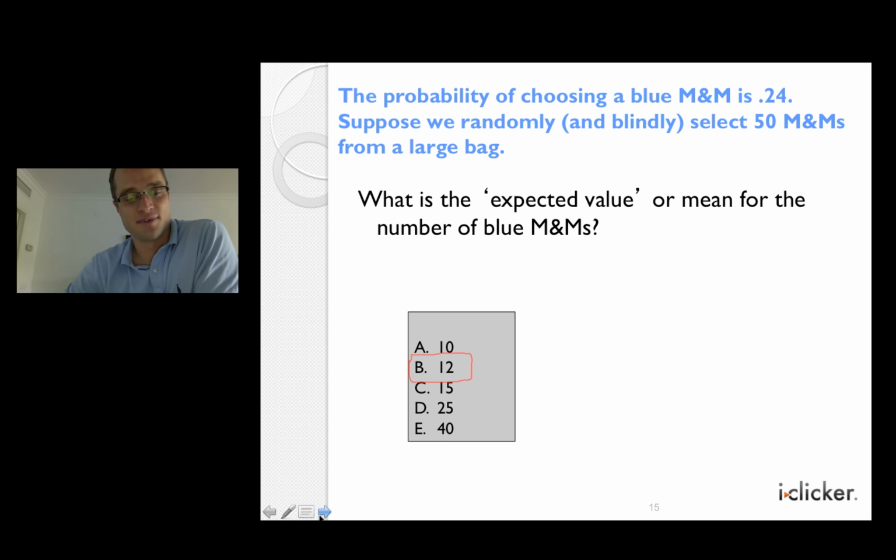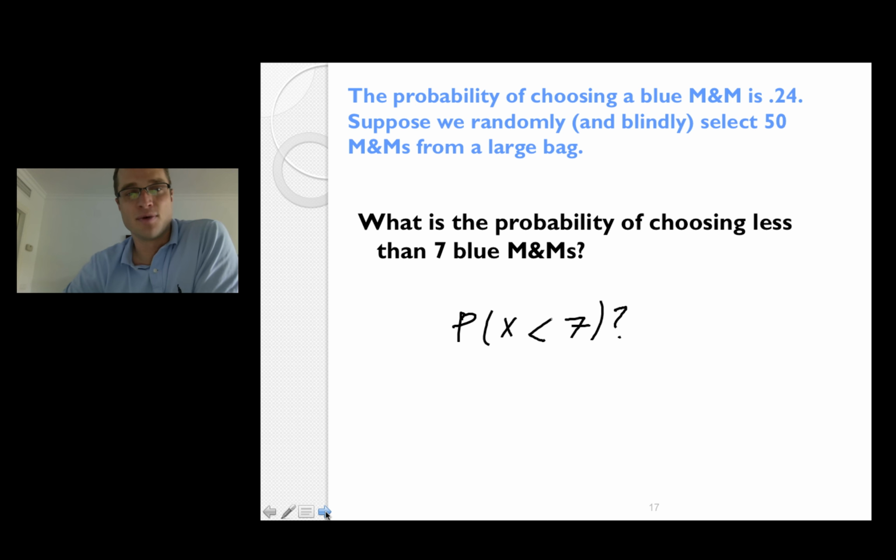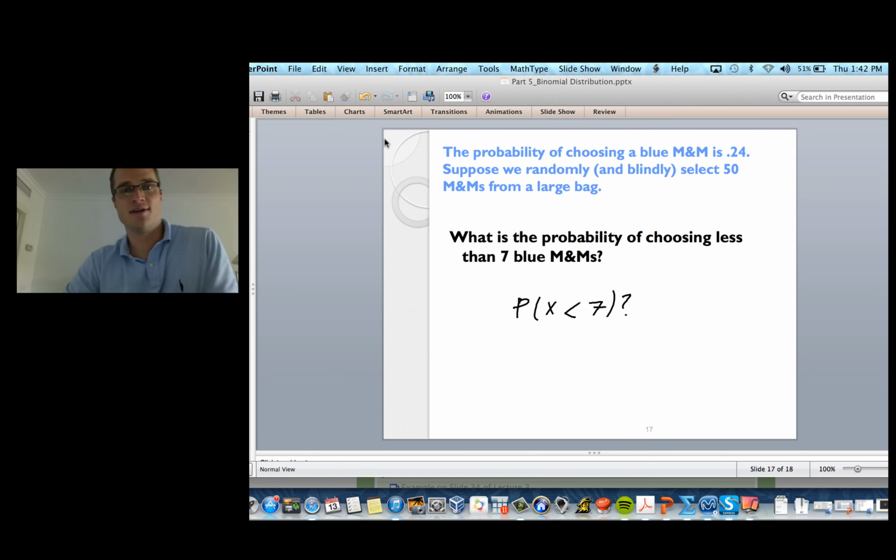So we can safely approximate this as normal. So when answering this question, we can go to our typical z distribution, our normal distribution, and try to calculate the probability of grabbing, out of 50, less than 7 blue M&Ms. We pause here and we'll start the video.